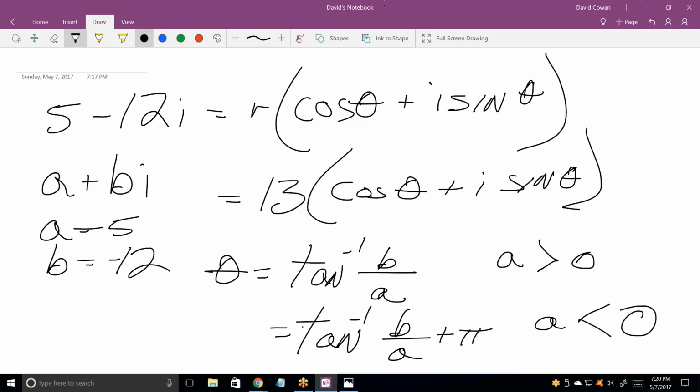Just like all polar equations, theta is that. Only usually theta is y over x. Usually theta is the inverse tan of y over x. In this case, this is our y, which we call b, and this is our x, which we call a.